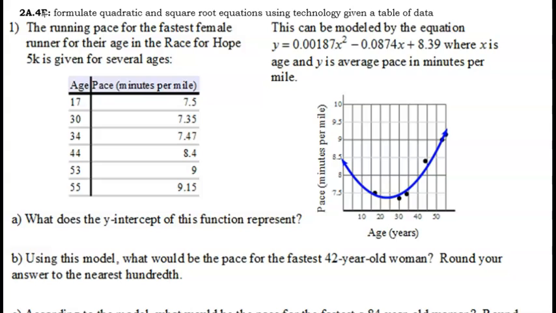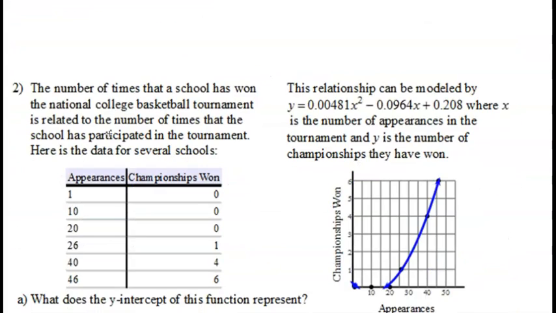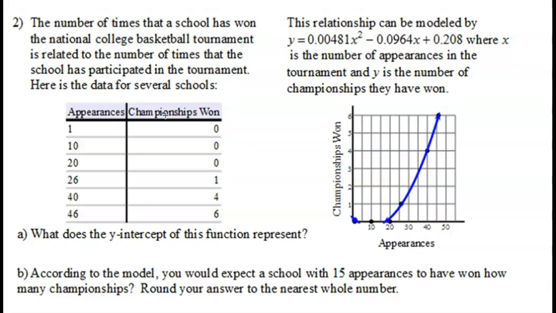Let's also look at 2a.4e. Formulate quadratic and square root equations using technology given a table of data. Let's look at number 2 on this page. The number of times that a school has won the National College Basketball Tournament is related to the number of times that the school has participated in the tournament.